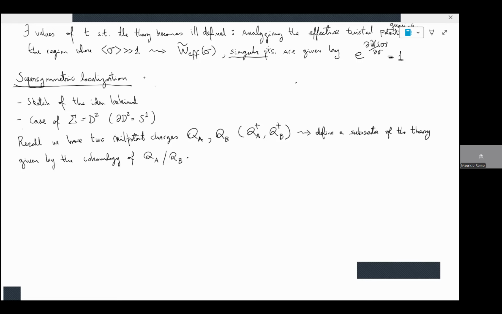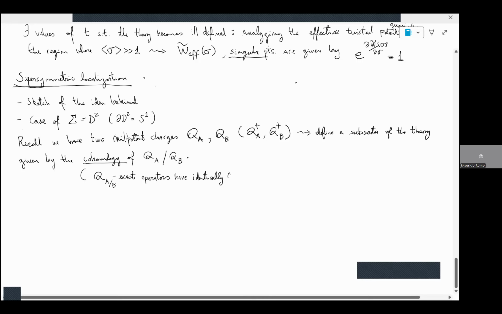And the reason that the cohomology makes sense is because QA-exact operators have identically zero correlators.